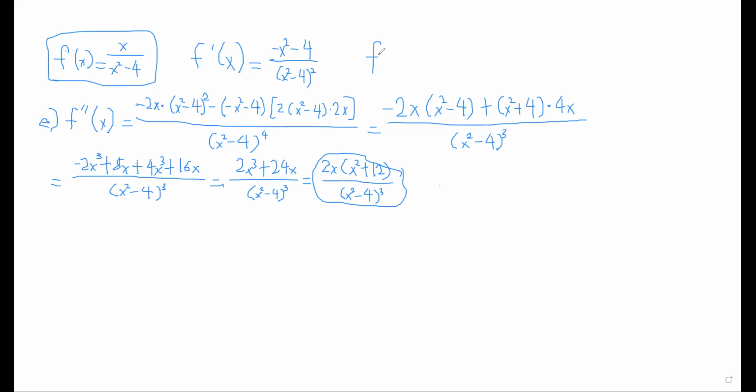So the second derivative, f prime prime x, equals 2x times x squared plus 12 over x squared minus 4 cubed.